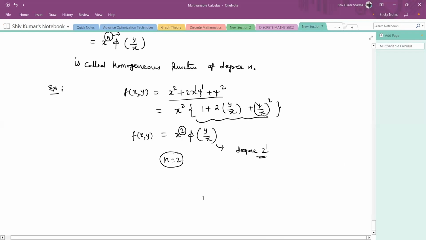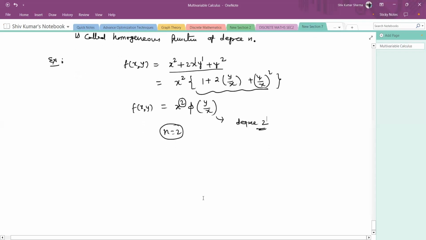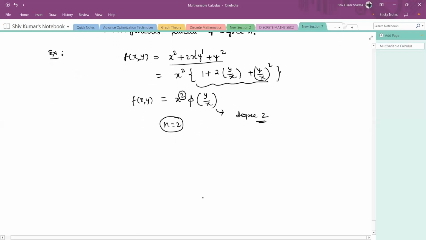Now we move to the main topic, that is Euler's theorem. The statement of Euler's theorem: let z equal f(x, y) be a homogeneous function of degree n.